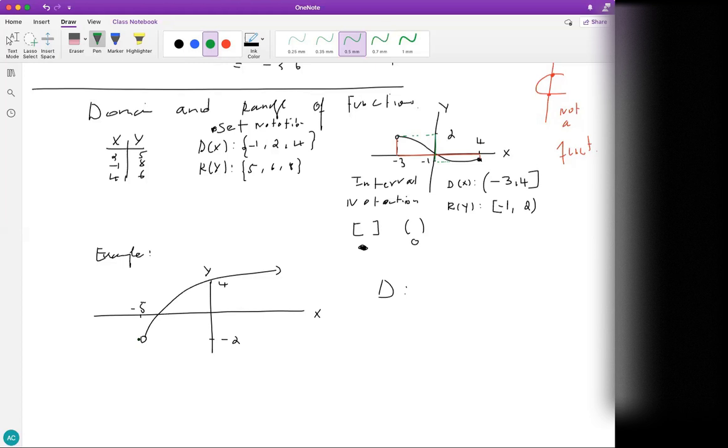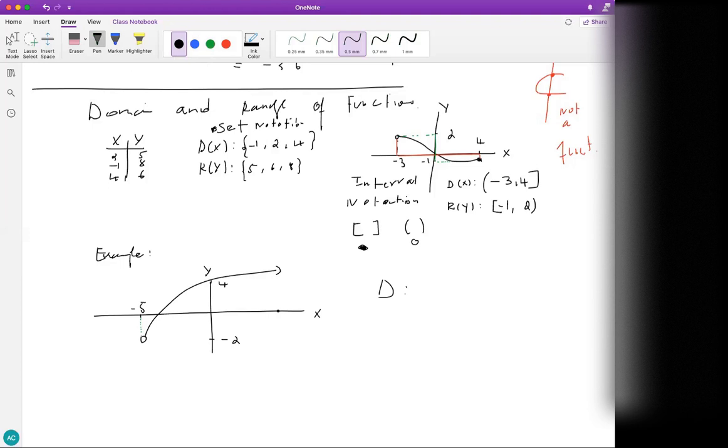What is the x of this point, everyone? -5 and -2. So it goes from -5. That's right.